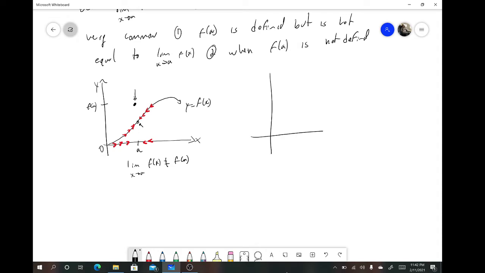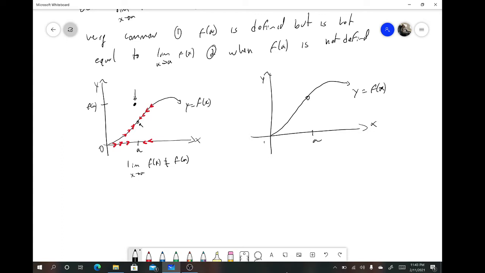And the other situation that we may have will be for, so let's say, the value is not defined at all. So you may run into this one quite often.